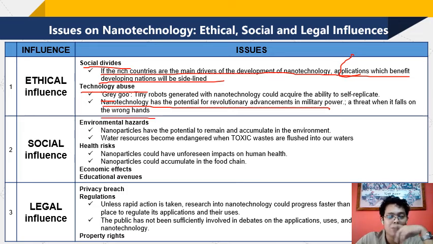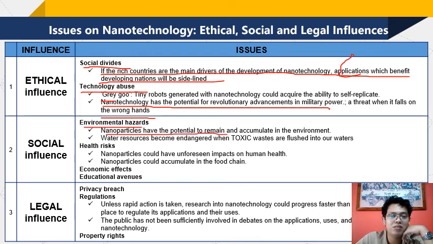So, certain people or even in the rich developed countries might utilize, no, their knowledge on nanotechnology for greater advancements of their military power, and this could lead to abuse, no, to the developing countries, for the poor countries as well.